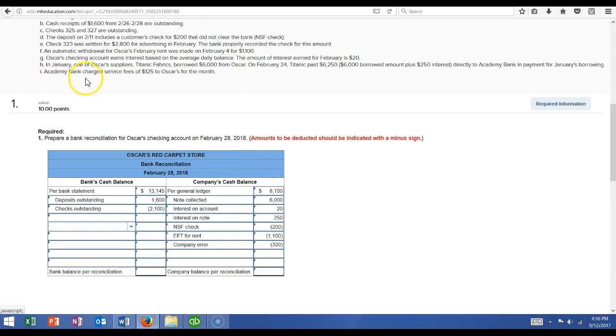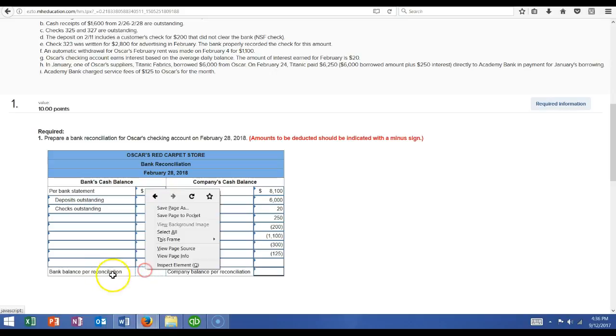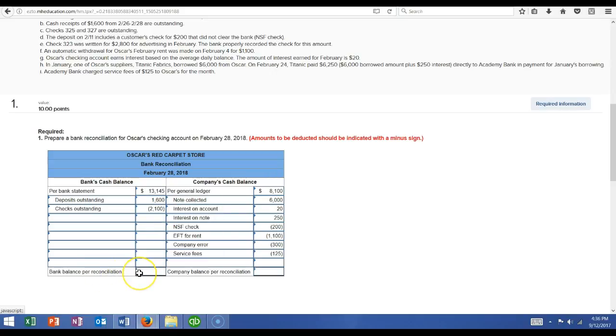Then it tells us Academy Bank charged service fees of $125 to Oscar's for the month. So this is going to be a service fee, and it's going to be minus $125.